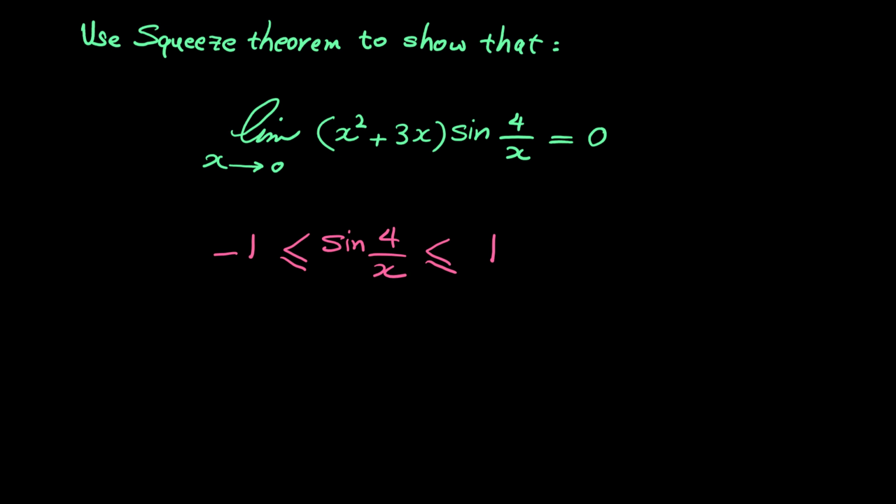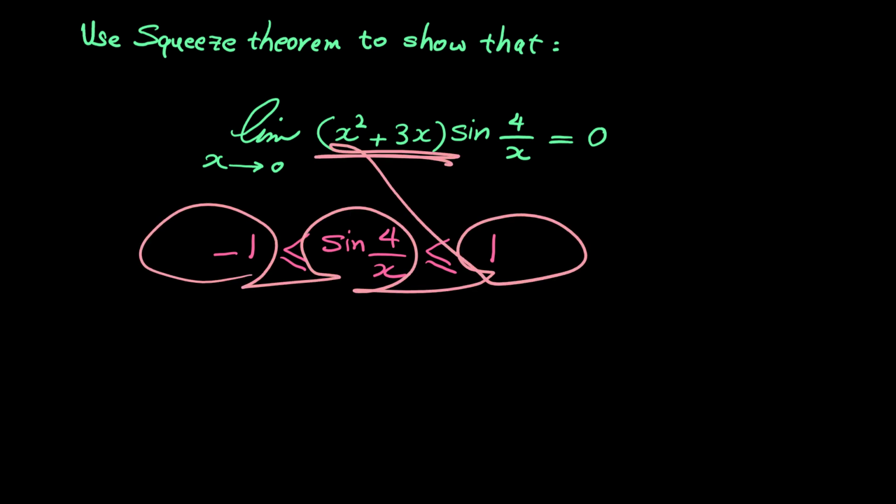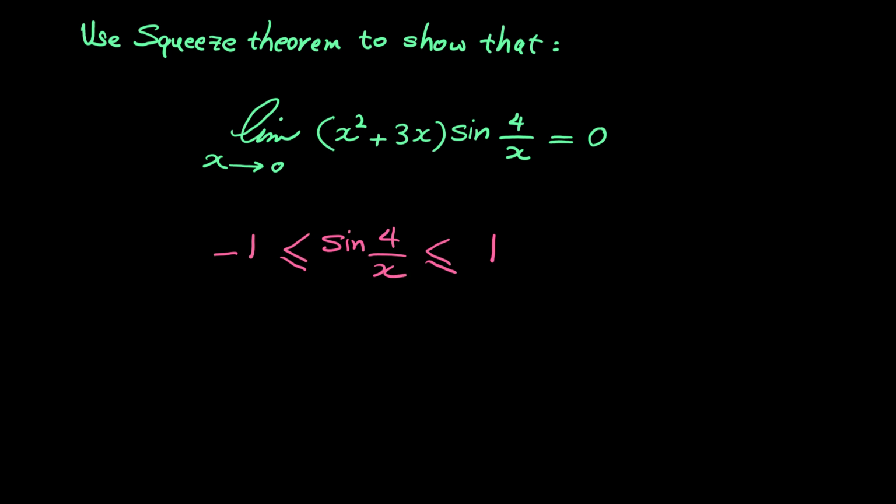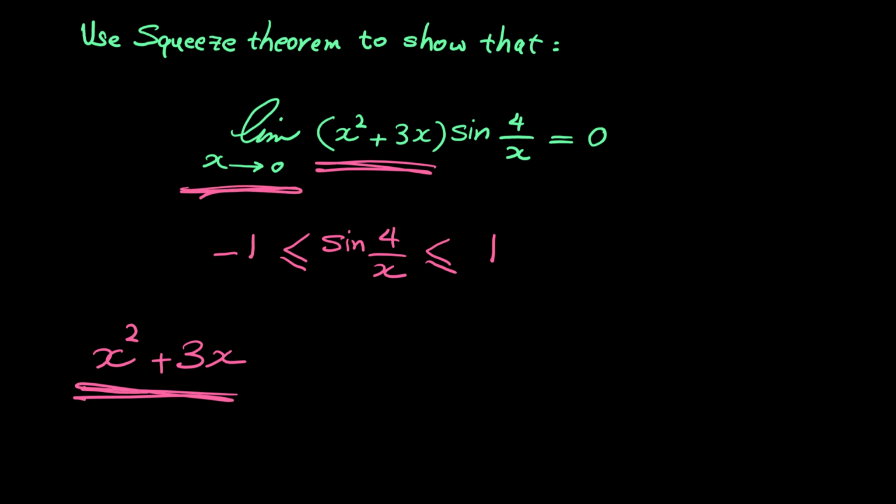But what makes this question tricky is that if, like many other examples, we immediately multiply the left side, middle, and right side by x squared plus 3x, then this is a mistake. Let me tell you the reason. The reason is about this expression that we want to multiply both sides by. The thing that you have to notice is that x squared plus 3x, when x approaches 0, can be either negative or positive.